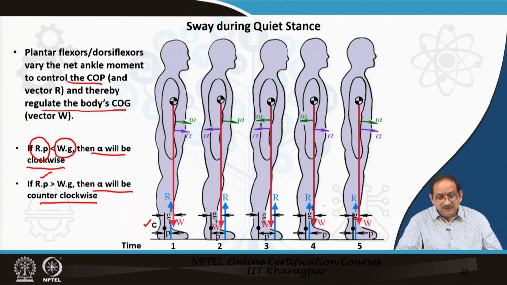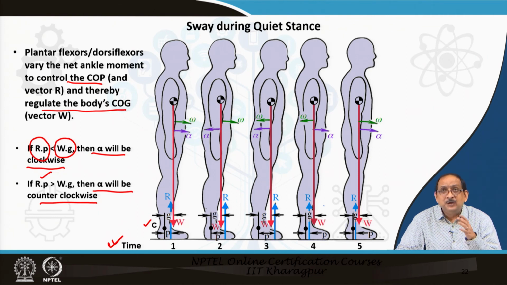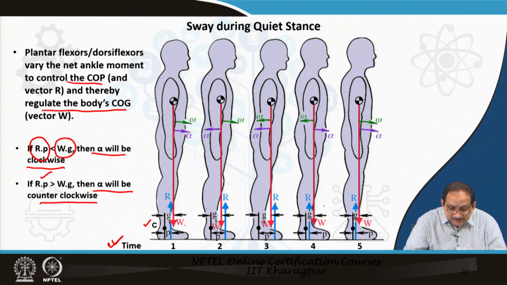Now, let us consider the time instants 1, 2, 3, 4 and 5 and discuss more about the mechanics involved in the system. The body's COG through which the weight vector is acting is actually ahead of the COP through which the R vector is acting.